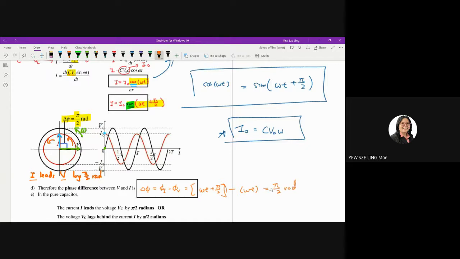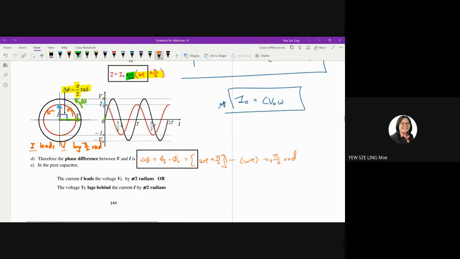So it is pi over 2 radian, a positive value. Therefore, I know that my current leads VC by pi over 2 radian. Or if you use phi V minus phi I, then you will find that VC lags behind I by pi over 2 radian. In the exam, it doesn't matter which one you write; both of them are correct.